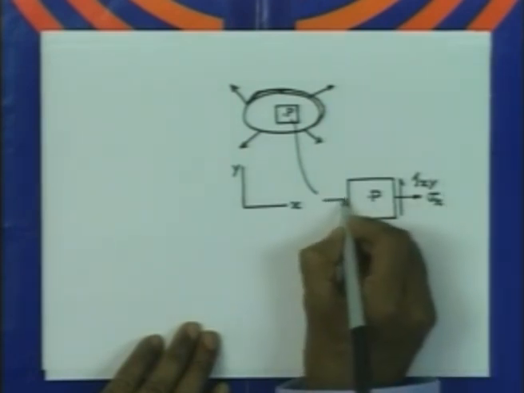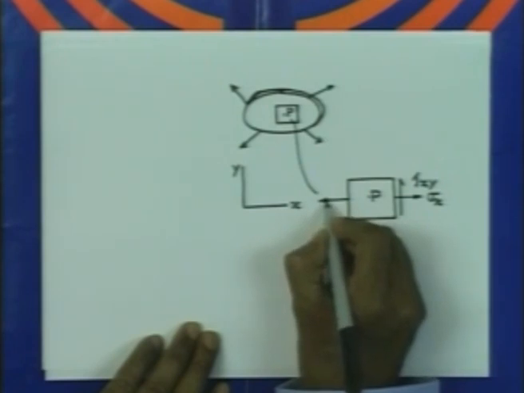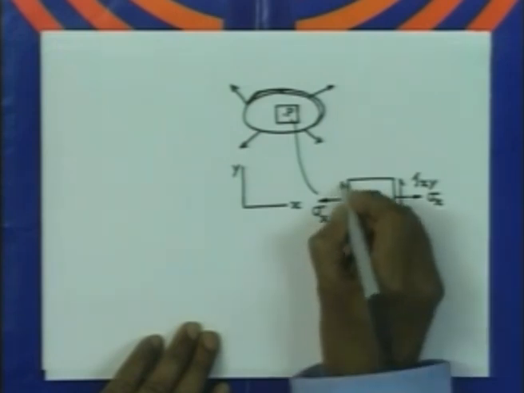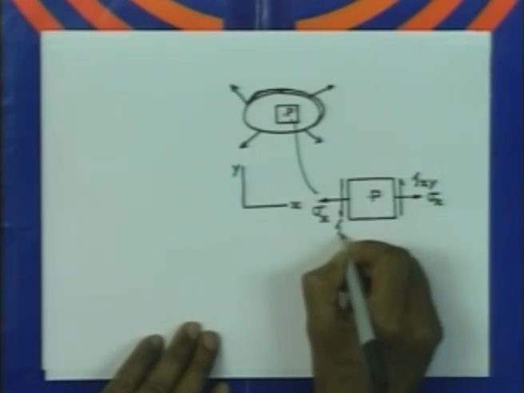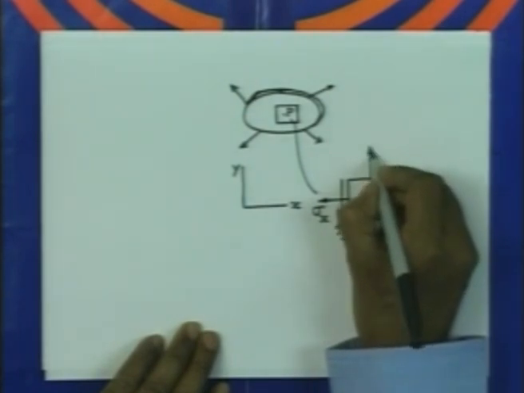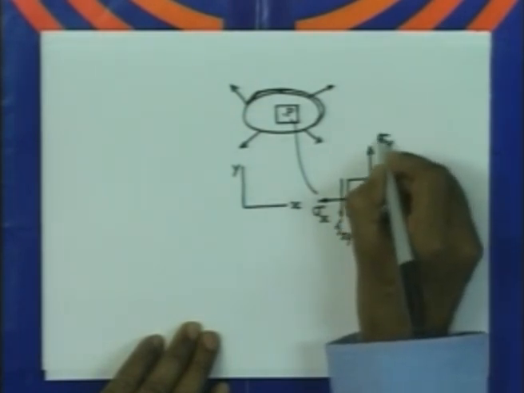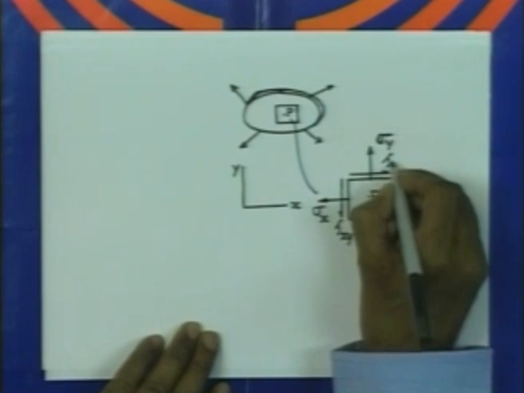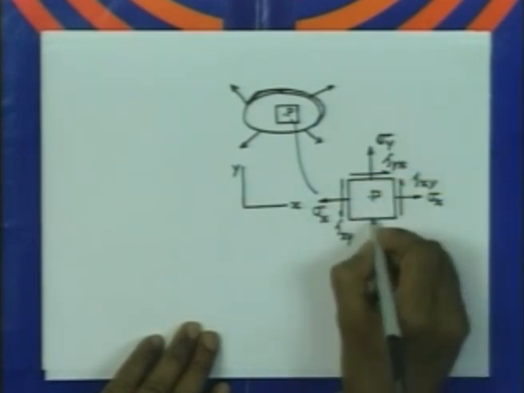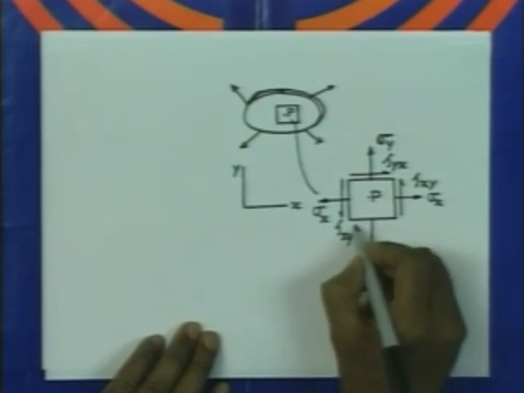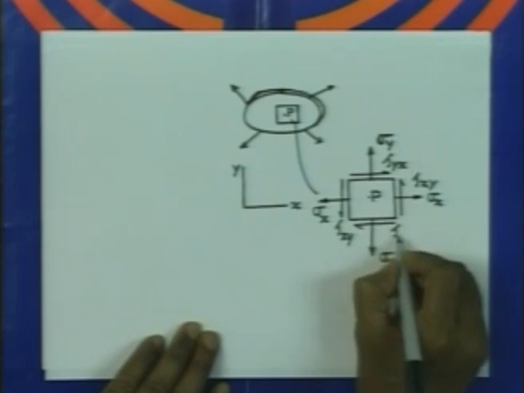Similarly, the stresses on the opposite face will be given by the mirror reflection. So this is sigma x, and this is going to be the shear stress tau xy. Similarly, the stresses on this plane, which is positive y plane, it is going to be sigma y, and the shear stress is going to be tau yx, and on the negative plane it is going to be sigma y, and the shear stress is tau yx.